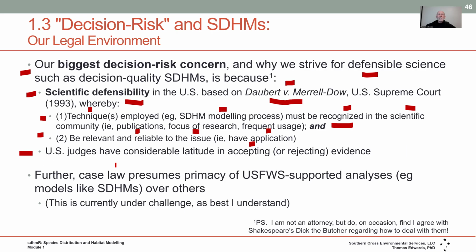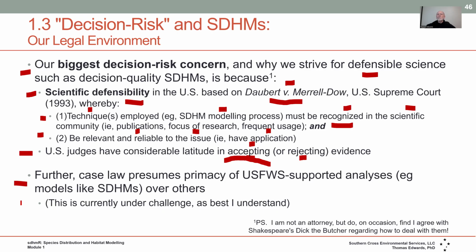Now, judges themselves do have considerable latitude in accepting or rejecting the evidence constrained in 1 or 2. And you need to be aware of that. What you want to do, of course, is create something that enhances or increases the likelihood of acceptance of your distribution model.